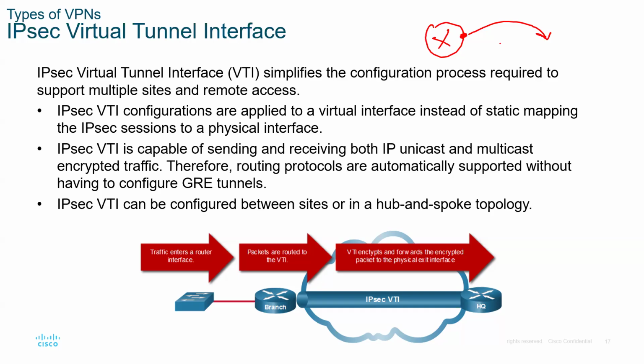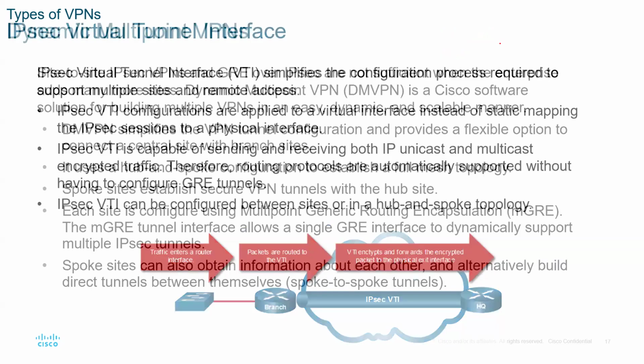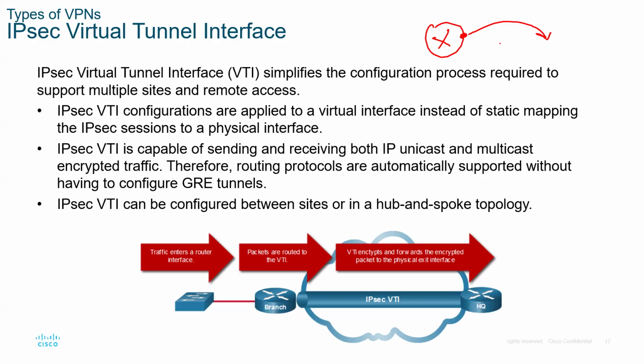Right, let's go to IPsec VTI. So here is a case quite similar to dynamic multipoint VPN. Now in this case, instead of having a VPN directly linked to our physical interfaces, we have a situation where we use virtual interfaces.